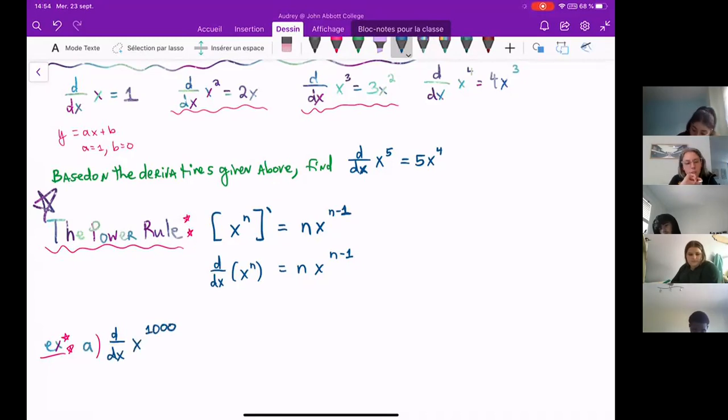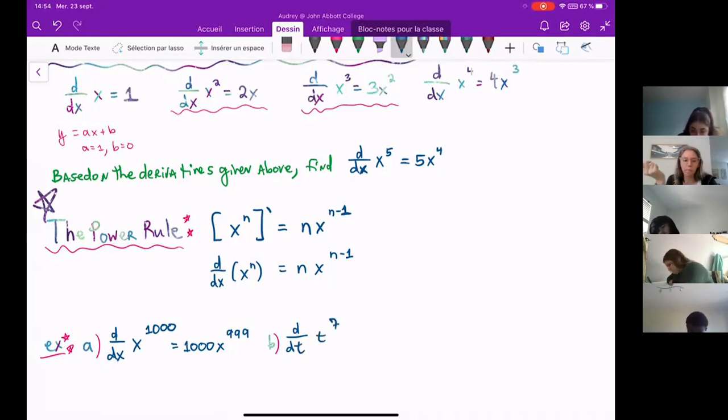What will the derivative of x to the 1000 be? You got it. 1000 x to the 999. Now, I want that to be a t. I can also change my variable, so I could have d dt of t to the 7th.